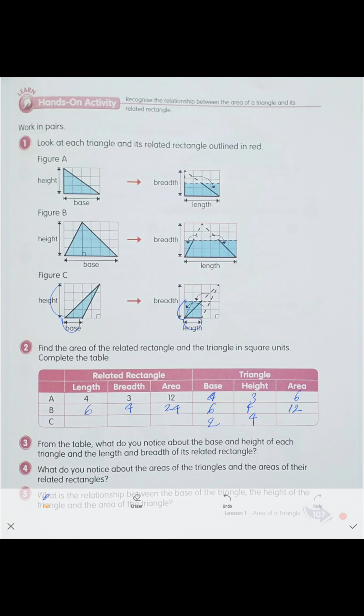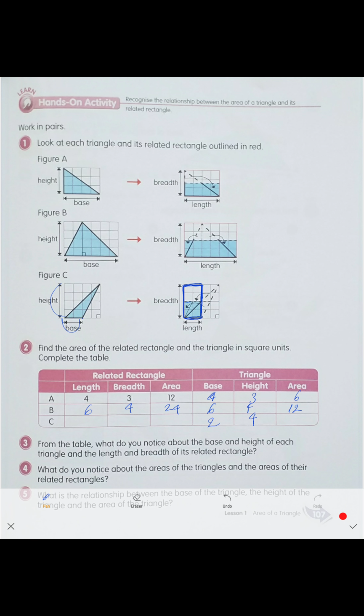So they're showing you with the red, right? This is the related rectangle. Don't be confused. Why is it taking this area? Because this triangle is here, right? So they're showing you that this rectangle captures this area.